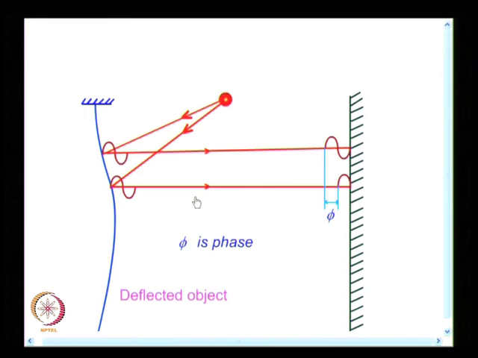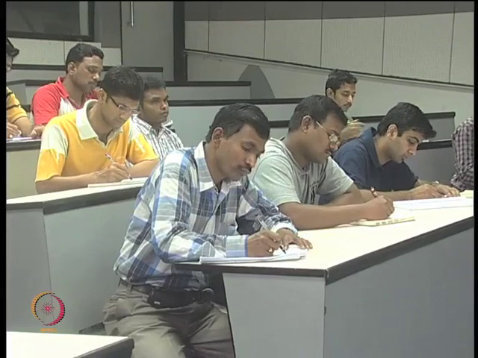In normal photography you do not record the phase information, you record only intensity, that is what we have seen, the positive and negative. The moment you come to holography, you record, in addition to intensity, the phase information of the reflected wavefront. So, that makes holography different.